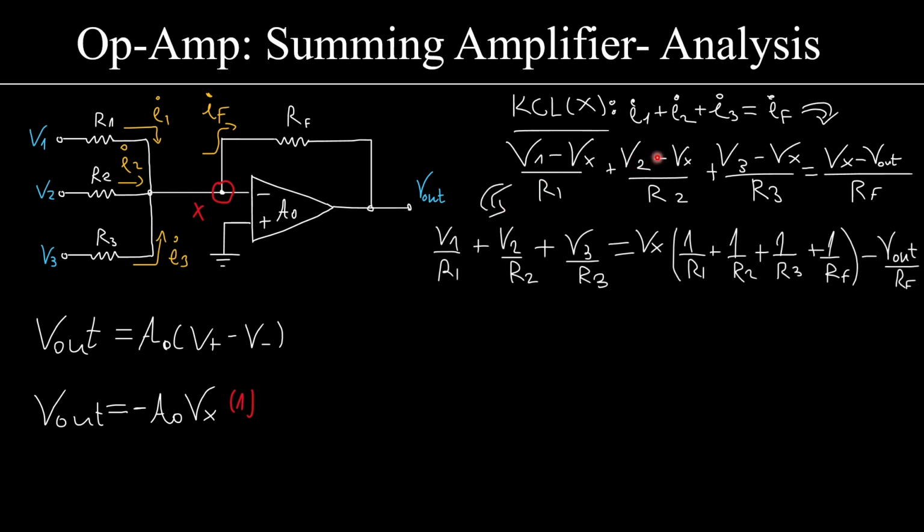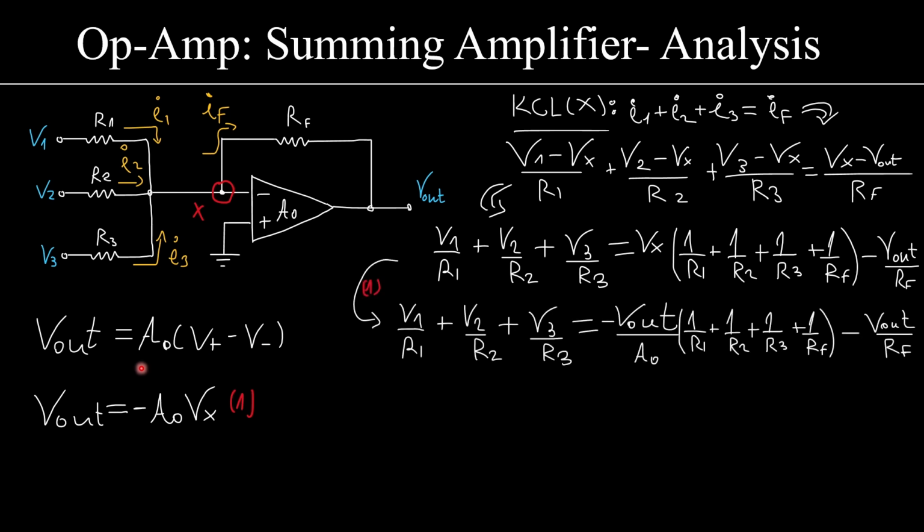Now, if I separate all these things like this, and I put Vx as a common factor on this side of the equation along with Vout, I can take this equation from before and replace Vx and eliminate it from my equation with Vout over A0 with a minus in front.